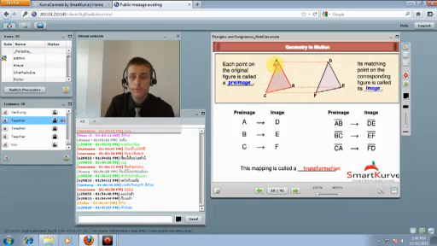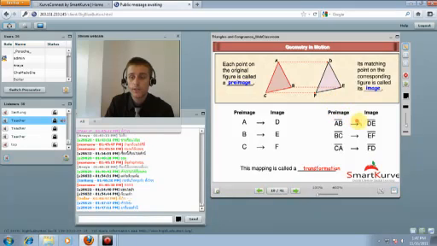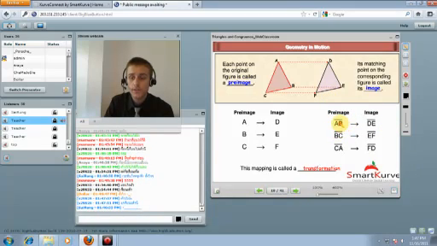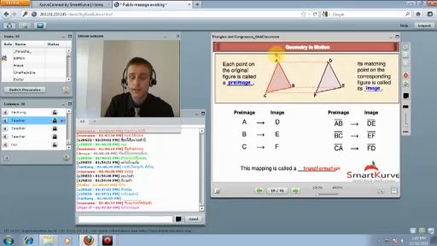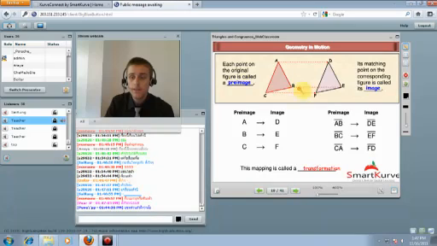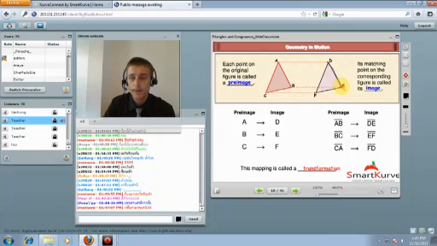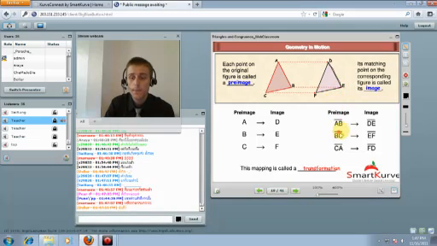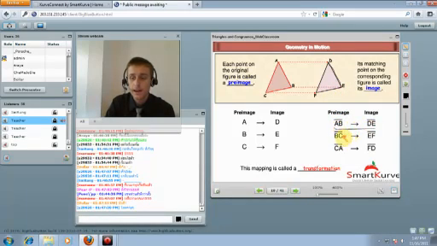The same picture as we've been seeing of this triangle transitioning down, we also see that the lines are being mapped. So the line AB slides down and is the same as the line DE. That's that.